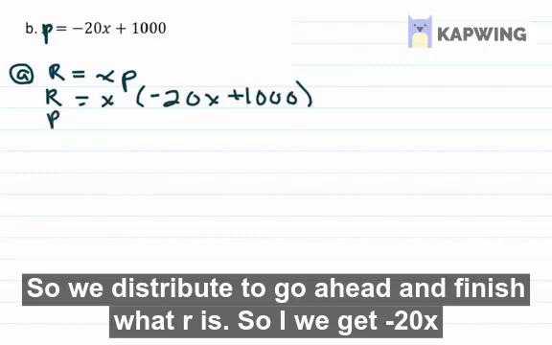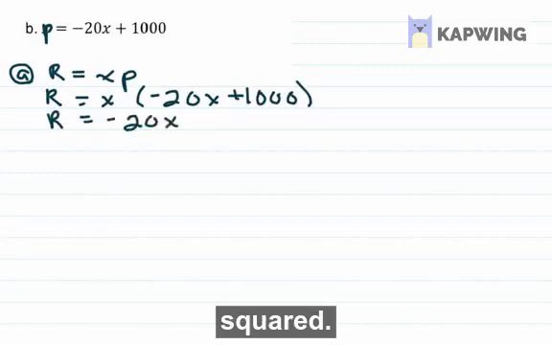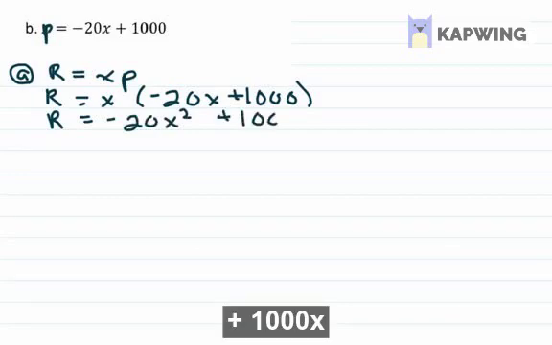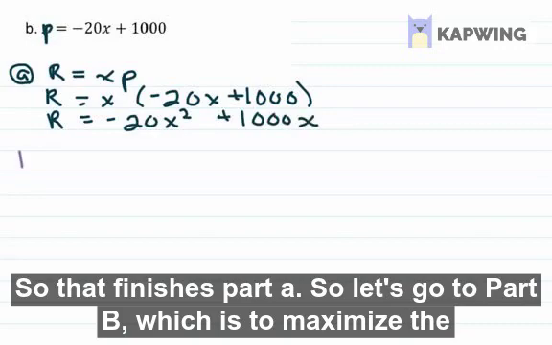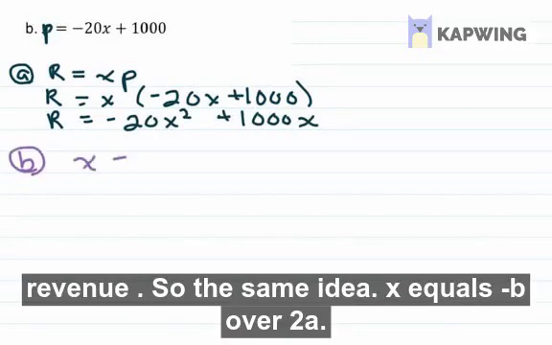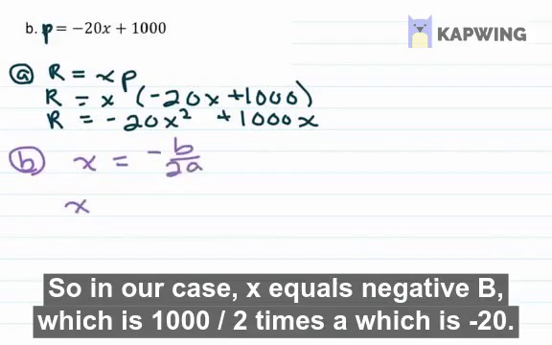So we distribute to go ahead and finish what R is. So we get negative 20X squared plus 1,000X. So that finishes part A. So let's go to part B, which is to maximize the revenue. So same idea. X equals negative B over 2A. So in our case, X equals negative B, which is 1,000, over 2 times A, which is negative 20.